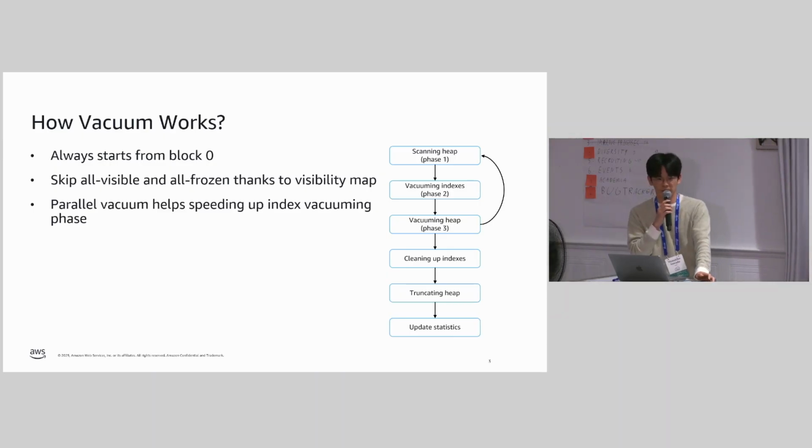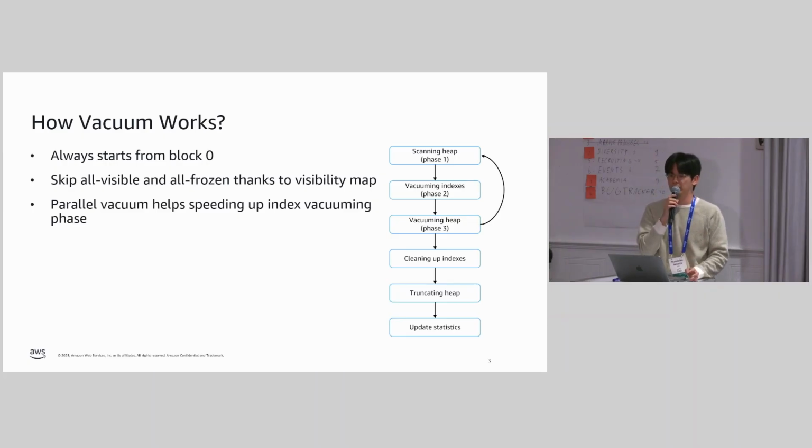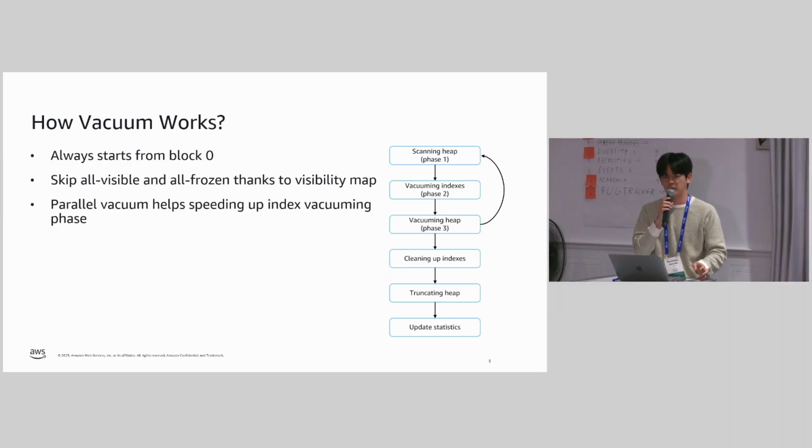We always start with phase 1, the scanning heap phase, where we not just scan the heap pages, but also do HOT pruning for each page, while collecting the dead tuple identifiers, or dead item IDs, into memory storage, so that we can remove the index tuple references to the dead tuples later.